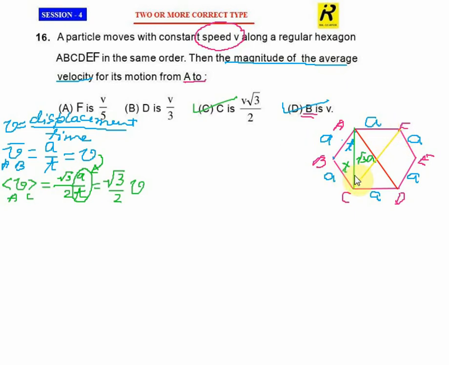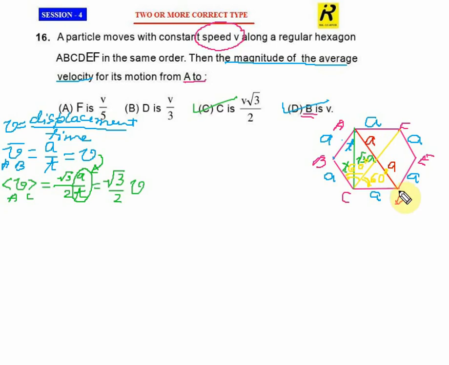So this will be 60 degree, and here will be 60 degree, and here also it is 60 degree, because the interior angle in any hexagon is 120 degree. So for this reason I may say this length is A, and this length is also A.